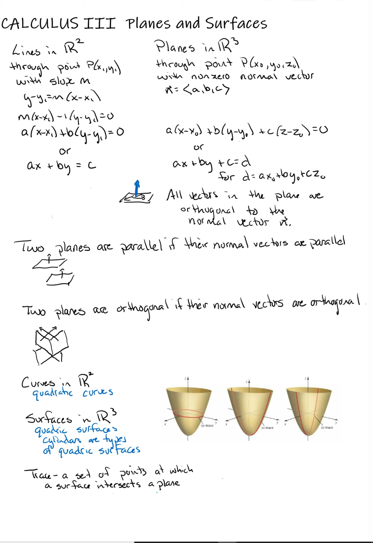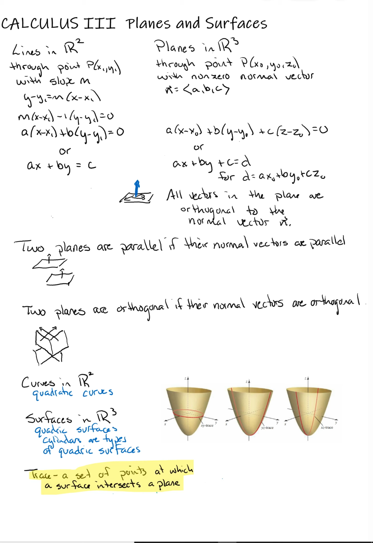One thing we like to look at with a surface of any sort, whether it's quadric or not, is its traces. A trace is a set of points at which a surface intersects a plane.